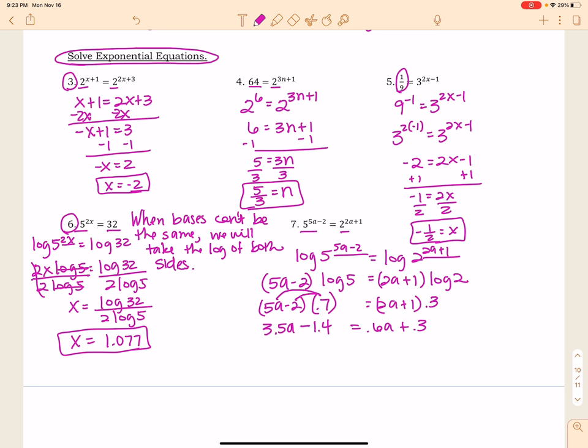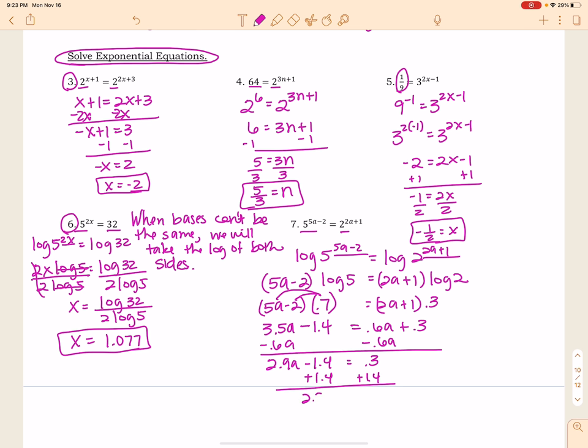Okay, so now we are going to subtract 0.6a from both sides. And don't freak out about this. If you're worried about your decimals, just use a calculator. It is not that horrible. So this gives me 2.9a minus 1.4. And then I'm going to add 1.4 to both sides.